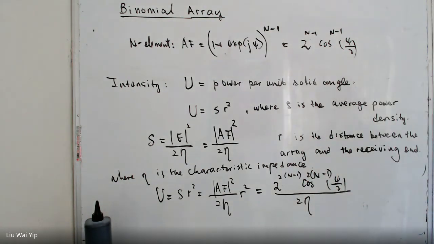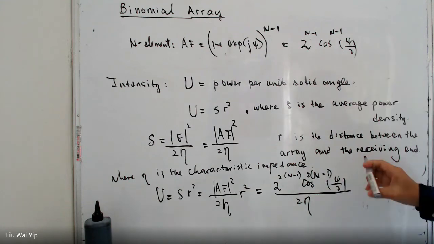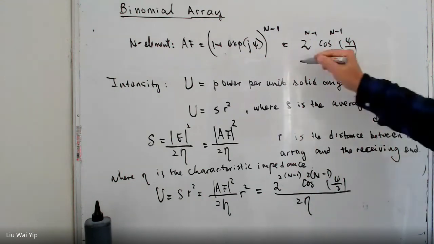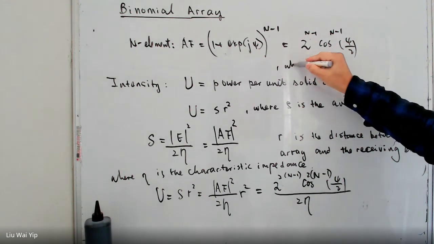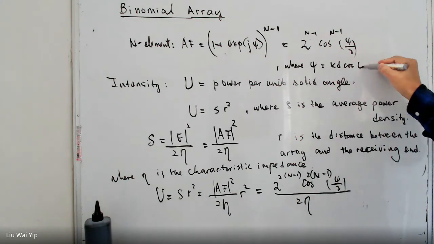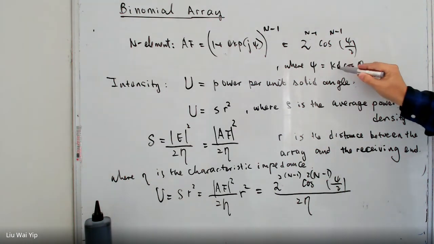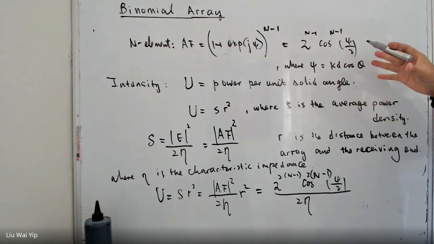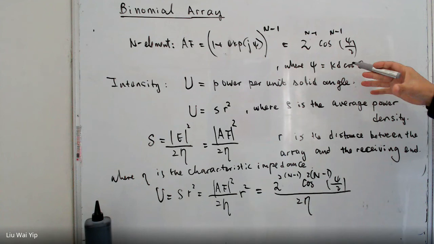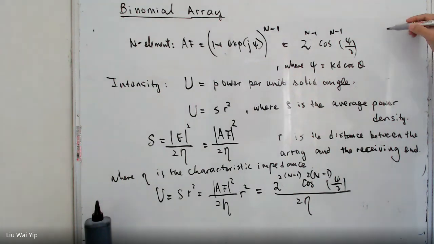Now we know the intensity. The intensity will be expressed as phi times, what is phi? Phi here is kd cos theta. So this is the wave number times the spacing between two adjacent elements times cosine of theta. Theta is an observation angle.